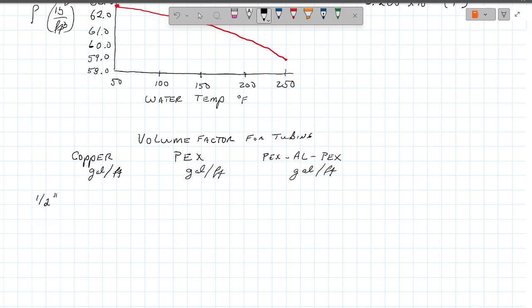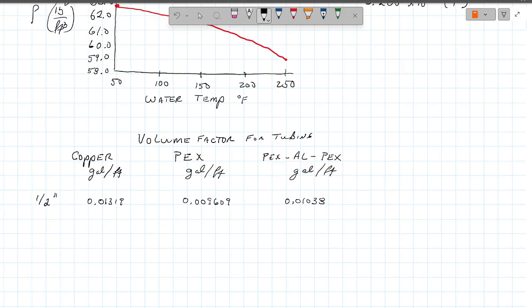Half inch. You are looking at 0.01319 for the PEX. You're looking at 0.009609, and then for the aluminum core, you're looking at 0.01038.